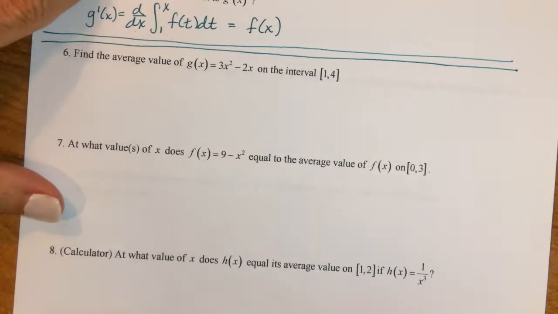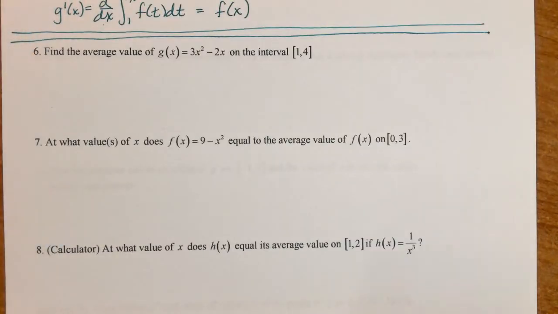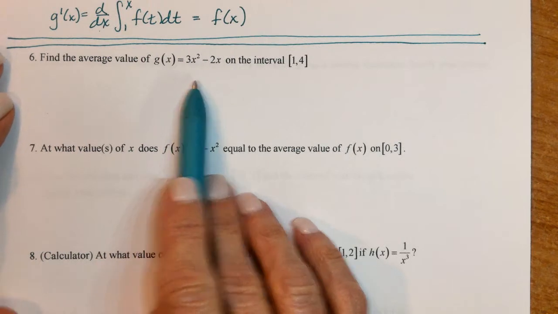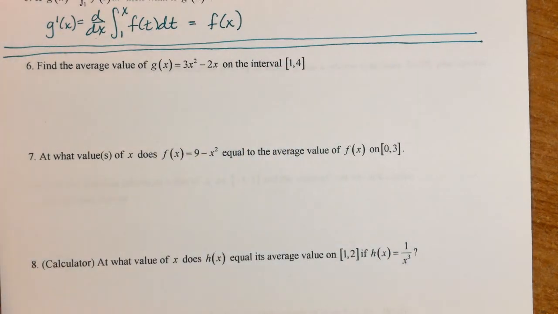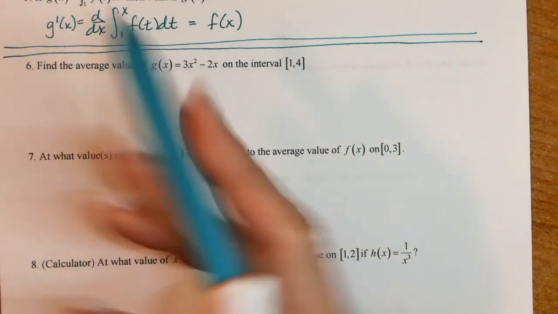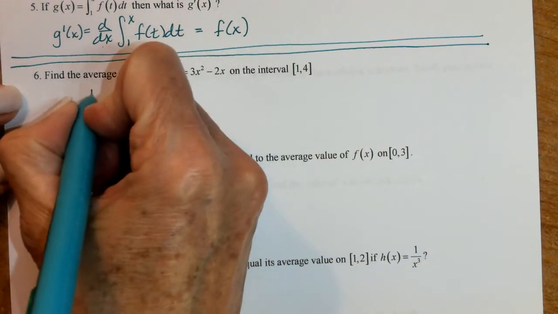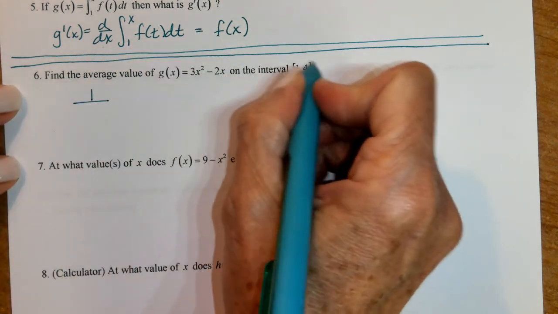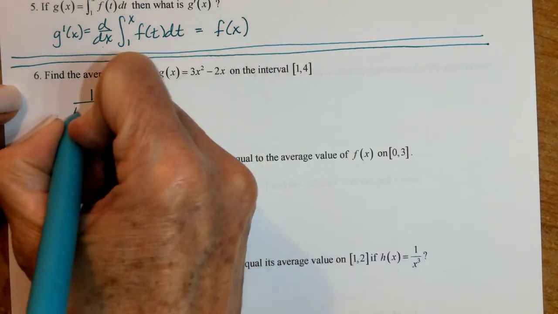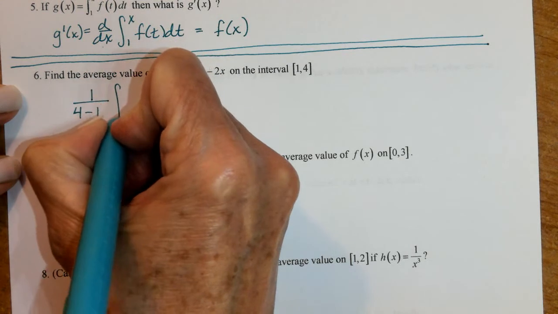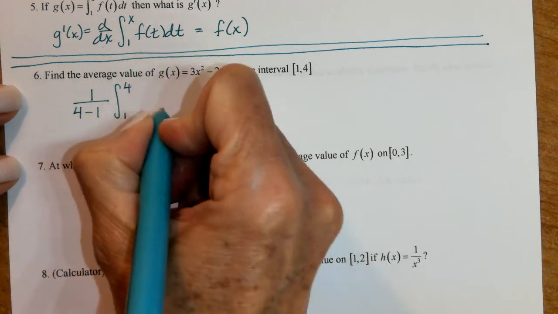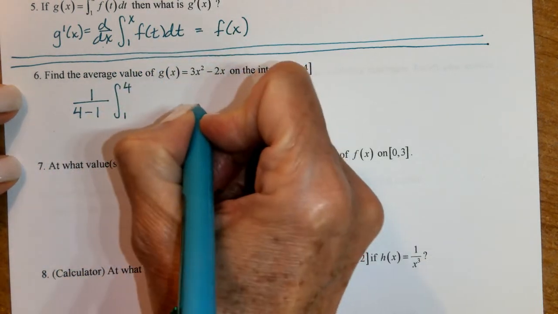Let's look at some examples. Number 6. Find the average value of g on the interval from 1 to 4. All right. The average value of g will be 1 divided by b minus a, integral 1 to 4 of g, not g prime, g.